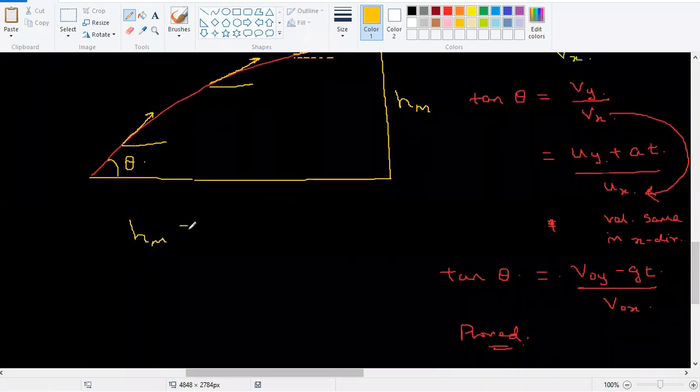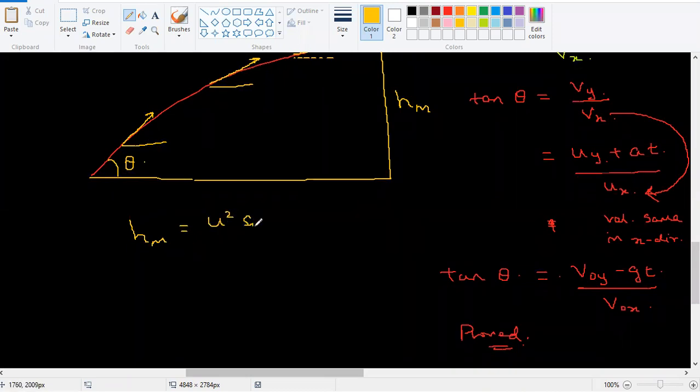H max, just now we used this formula: u squared sine squared theta by 2g. Why? Because you know v squared is equal to u squared plus 2as. From this I told you it will come, because this will become 0. So uy is u sine theta. So u squared sine squared theta divided by 2g.